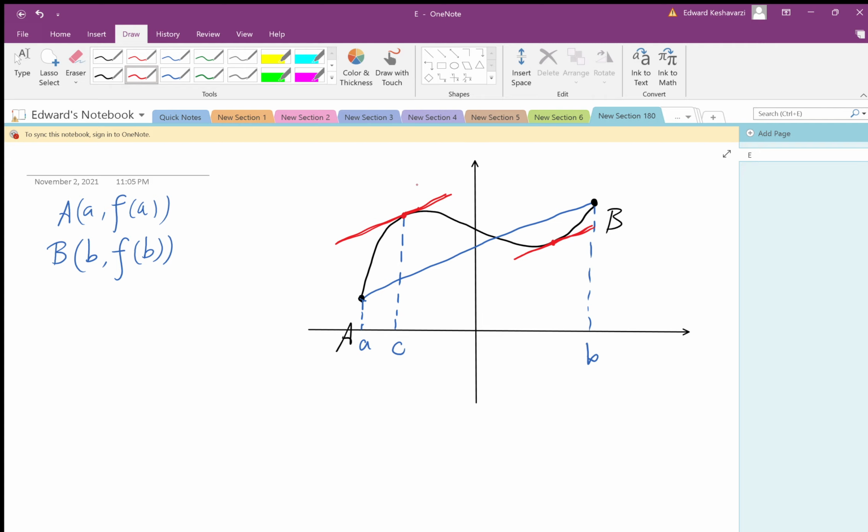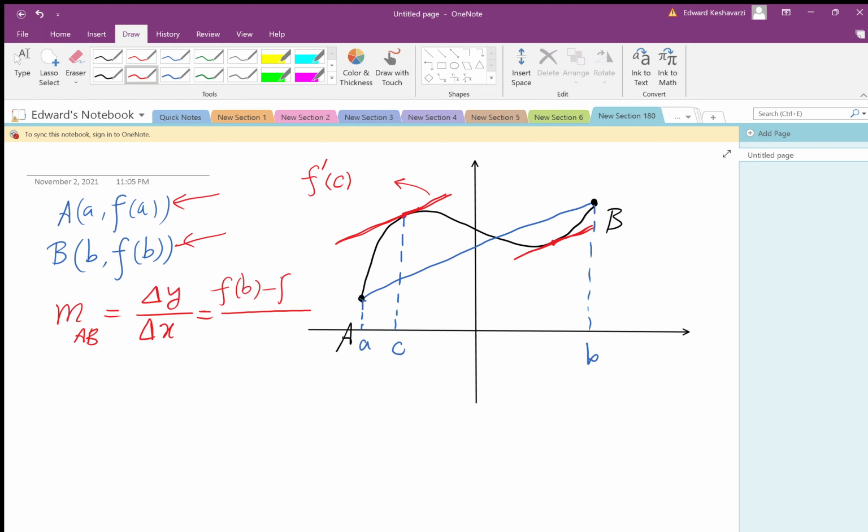How do I get the slope of these red lines? Obviously, this is f prime at c, because we know the derivative gives us slope. And what is the slope of the straight line between A and B? So the slope of AB is delta y over delta x, according to what we learned in grade 10. Delta y means the difference between the y values. The y values you can see here. So it's going to be f of b minus f of a over b minus a.